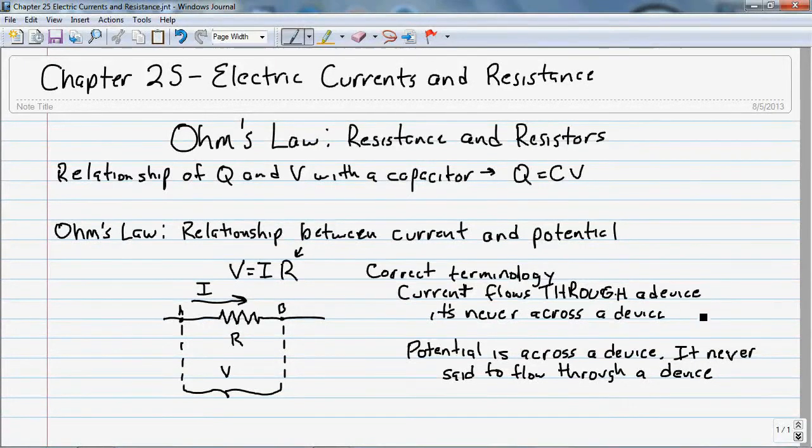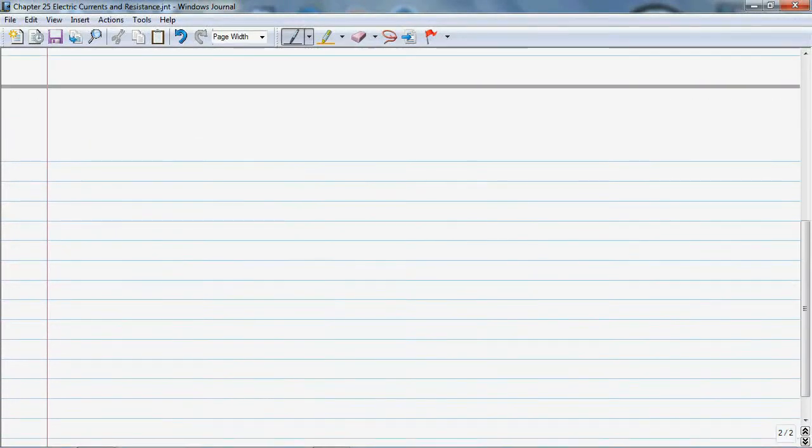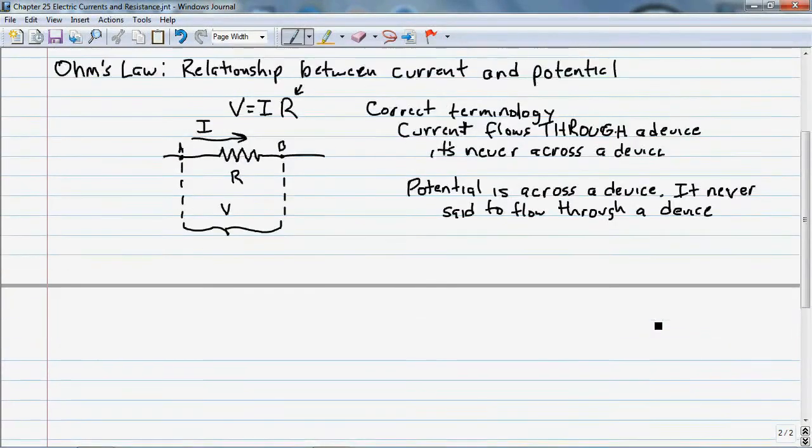Now, resistors are actual devices, actual parts that come in different shapes. You can have a carbon resistor, and you might see a shape something similar to this.